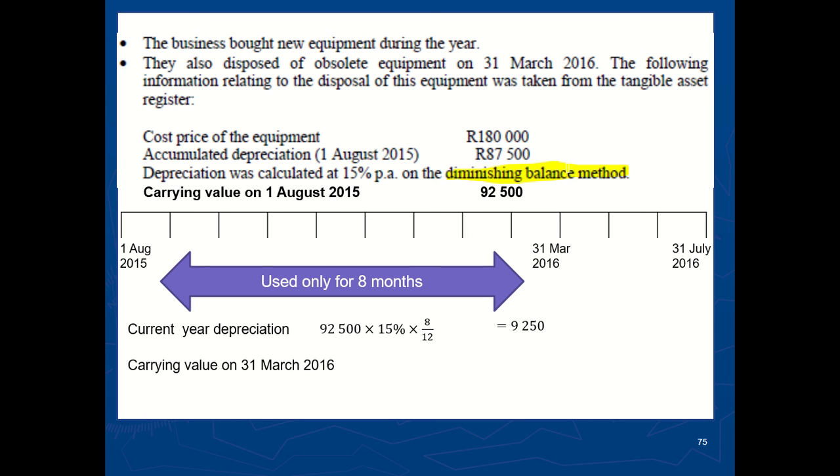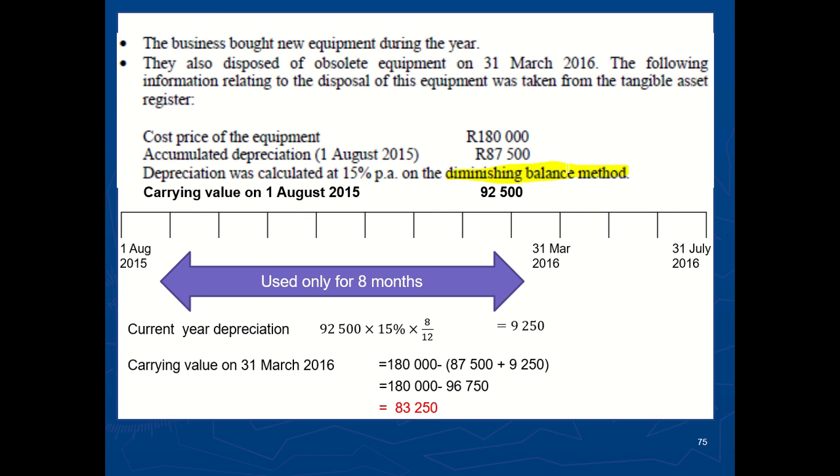So it'll be 87,500 plus this 9,250, and that will give you 96,750. So 180,000 is the cost price minus accumulated depreciation as at the 31st of March 2016, which is 96,750. 180 minus 96,750 will give us the carrying value of this equipment that we have sold, which is 83,250.